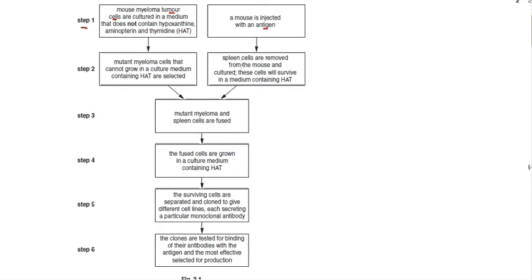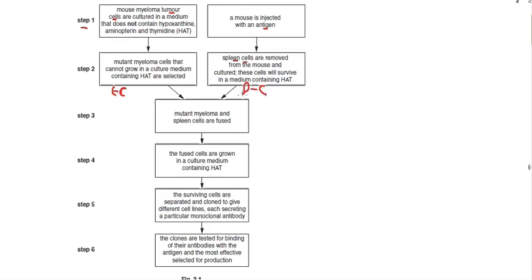So we take out the spleen cells and we culture them. These are cancer cells, and this is a plasma cell.